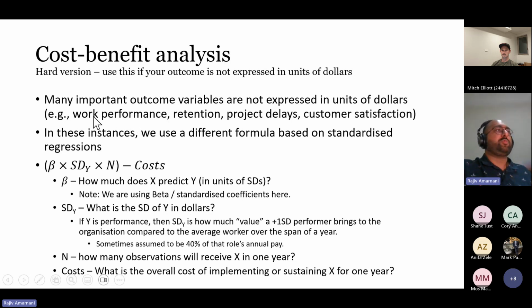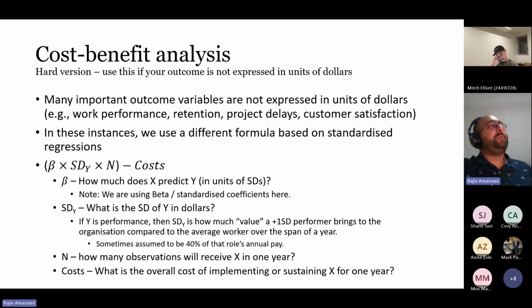So if your outcome is work performance, this is what is the added value that an above average worker, someone who's 1 standard deviation above the mean in performance, what is their added value to the firm in dollars? Rough estimate of what that is. Now, when we do this conventionally, we assume that it's 40% of annual pay. You can adjust this as you wish.